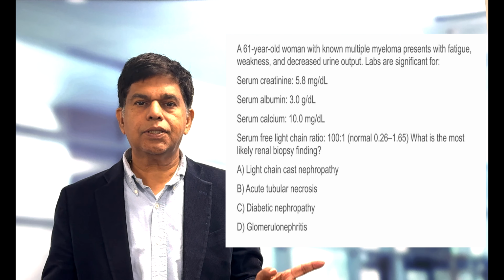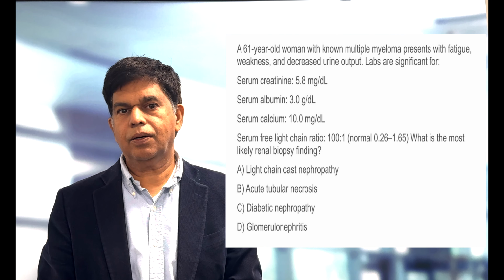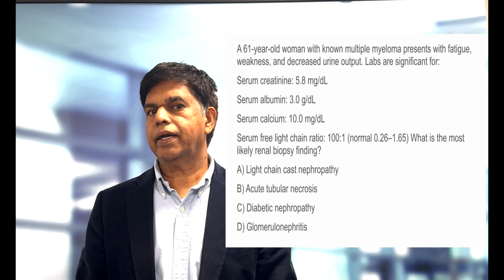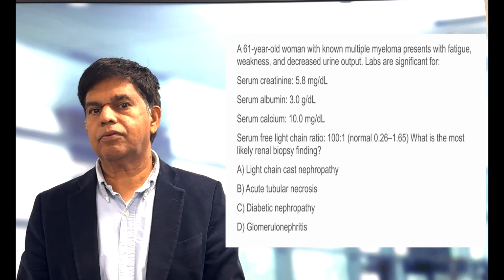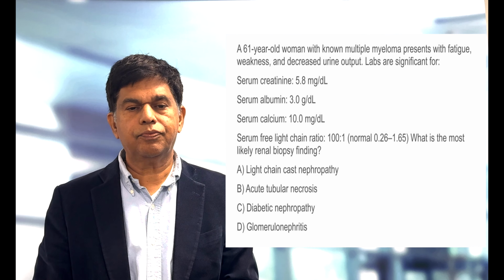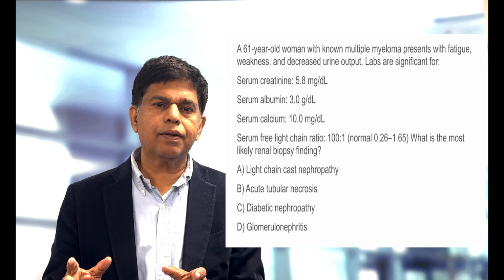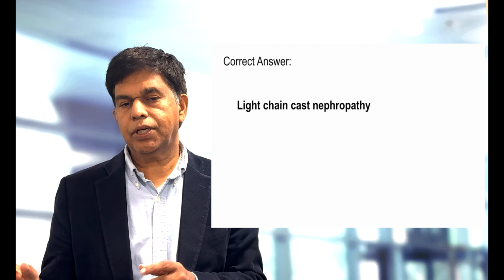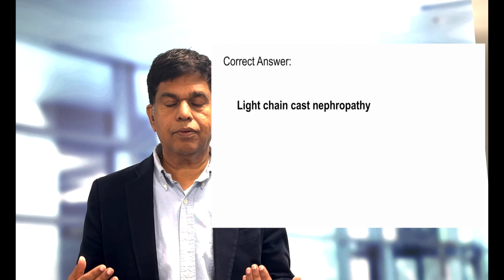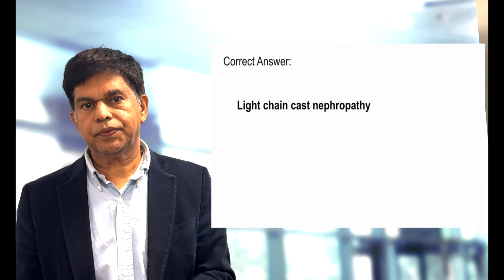Next question: a 61-year-old woman with multiple myeloma, fatigue, serum creatinine 5.8, calcium high, renal failure, and a high serum free light chain ratio. Most likely, if you do a renal biopsy, you will find light chain cast nephropathy. You don't need a biopsy as long as serum free light chain is positive, okay?